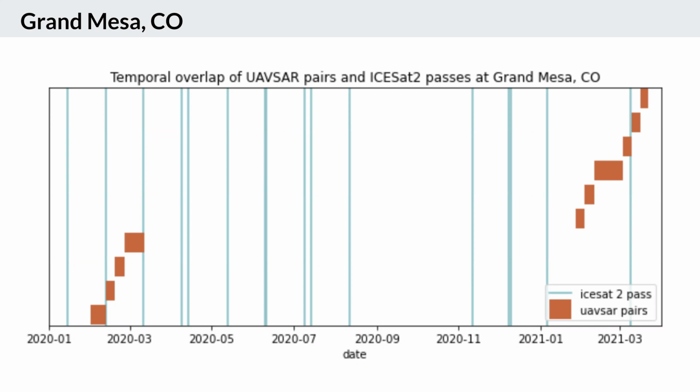You can see that there are some overlaps between the UAVSAR and the ICESat2. In particular, in 2020, there are two ICESat2 passes that line up pretty well with these three interferograms. So that's the temporal feasibility piece.